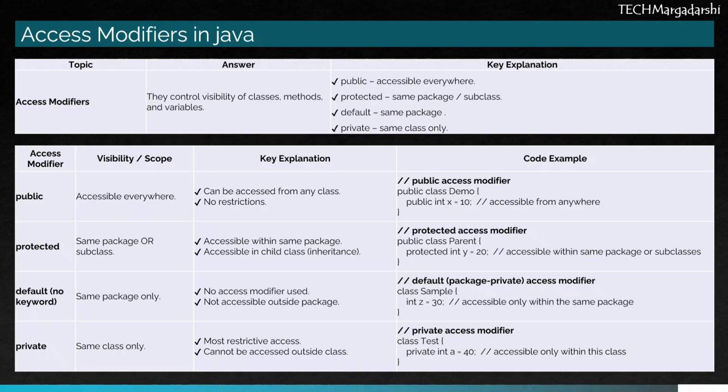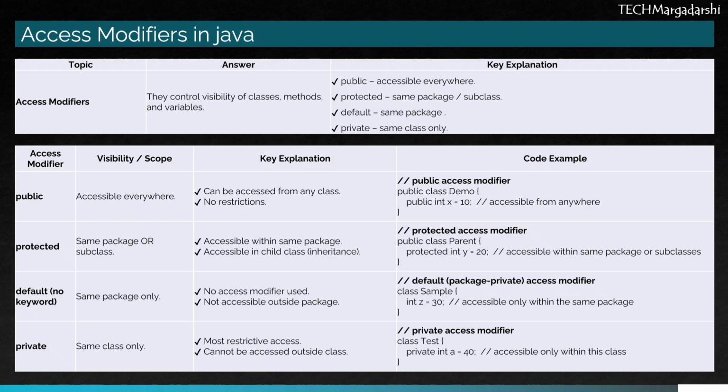Now let's understand access modifiers in Java, which control the visibility of classes, methods, and variables. Java provides four types of access modifiers: public, protected, default, and private. These modifiers decide who can access a particular class member and from where.